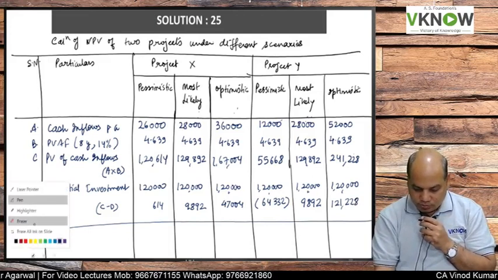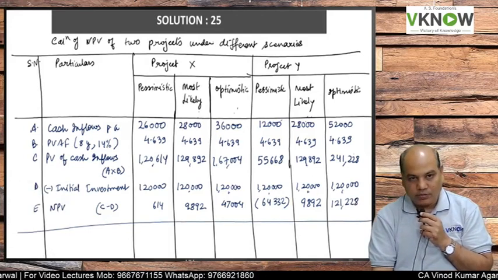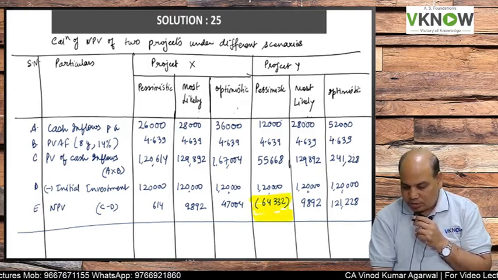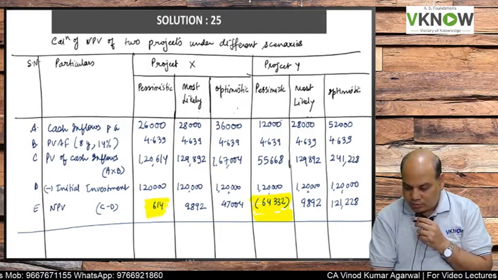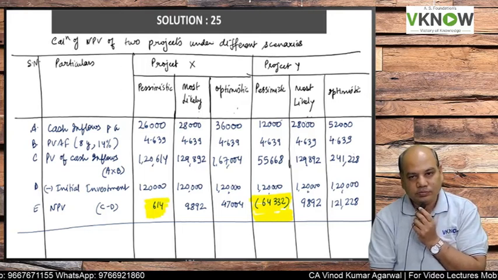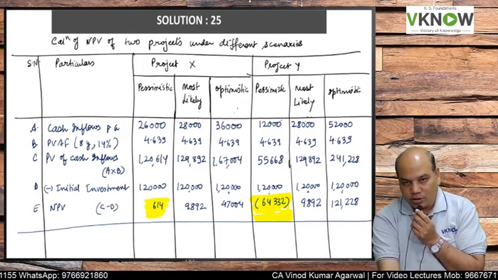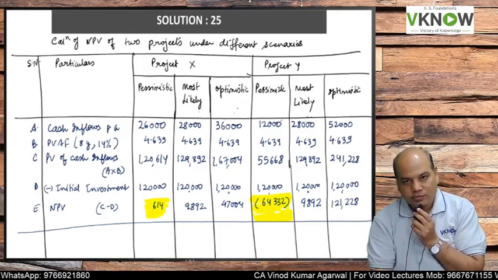Now, in this question, you have to reply which is better. If you look at project Y, it may generate a negative NPV, but project X will generate positive NPV. We don't have to take average because either it will be this or this.